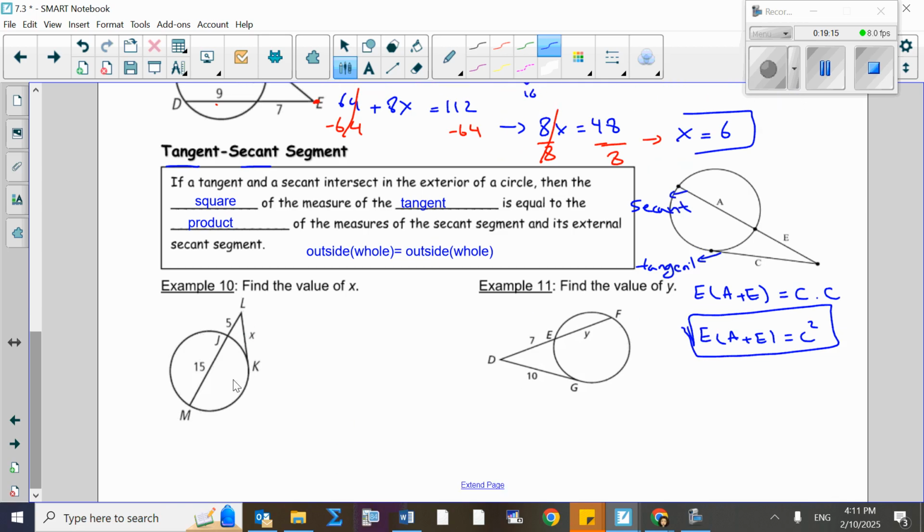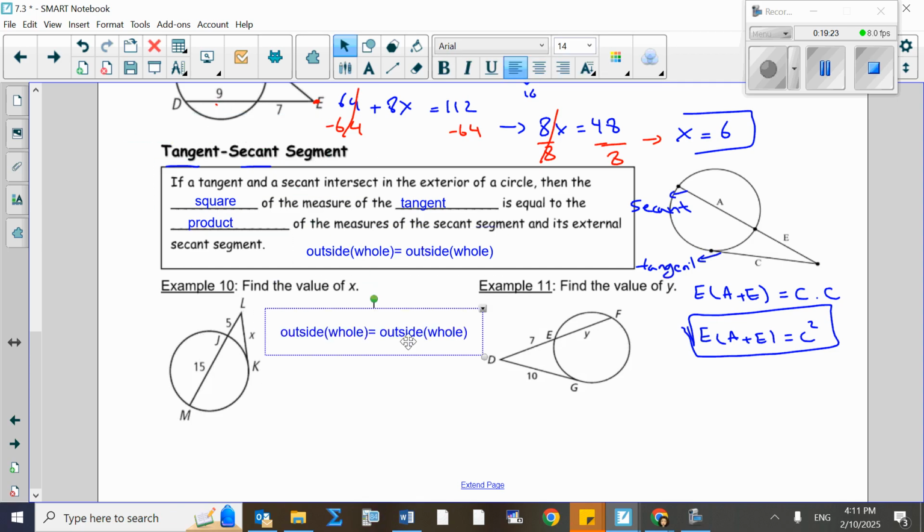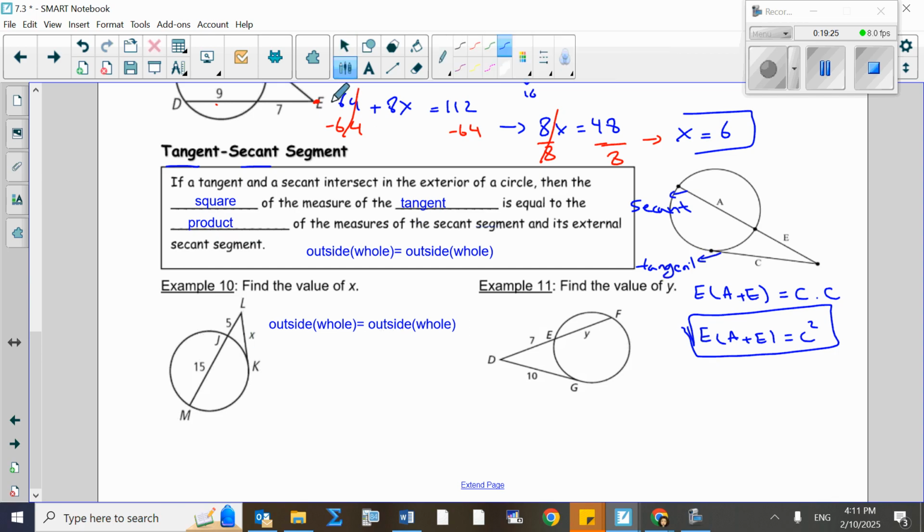Okay, so let's practice. Again, I'm going to use the same formula, outside whole, outside whole. I'm going to write that here. So the outside part here is 5. The whole is 5 plus 15. And then the second part, the tangent line, the outside is x.